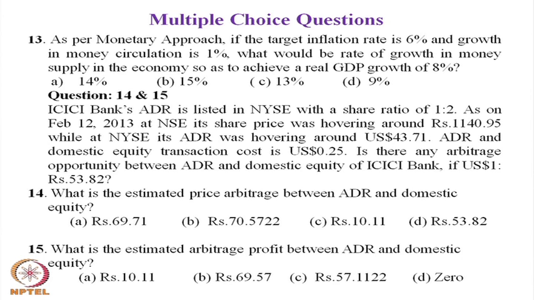As on February 12, 2013, at National Stock Exchange of India, its ICICI Bank share price was hovering around rupees 1140.95, while at New York Stock Exchange ICICI Bank ADR was hovering around $43.71.